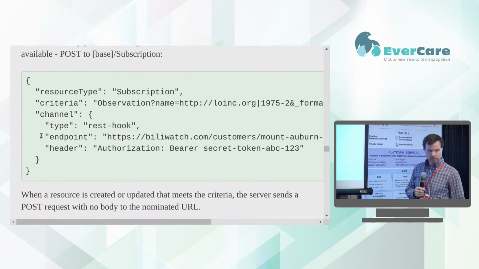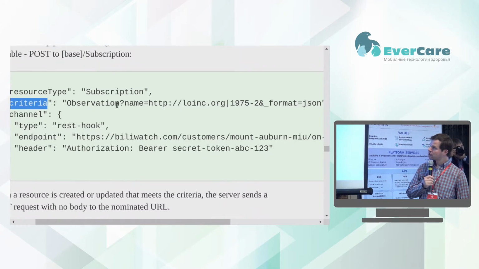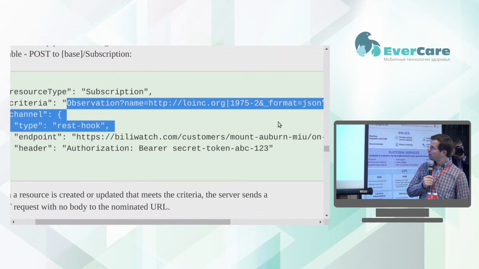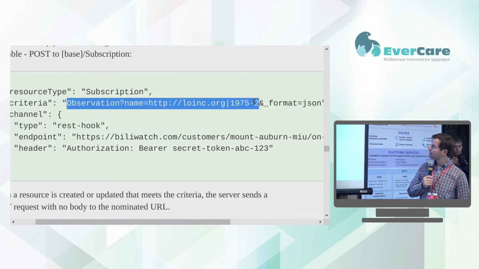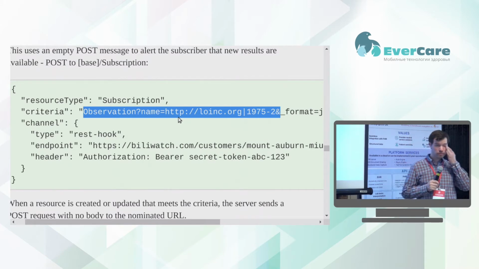In this example, the criteria is just a search string. So this is something that you could search for: observation, where the name of the observation is this particular LOINC code.